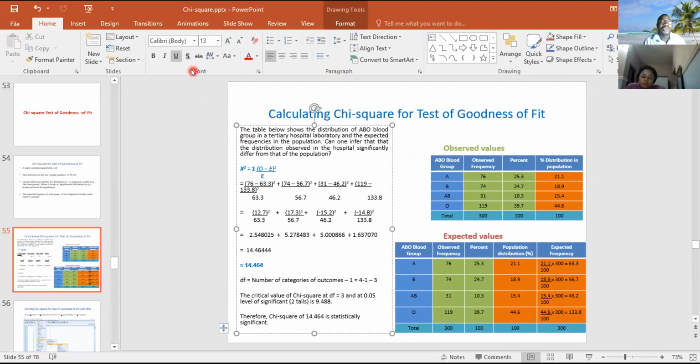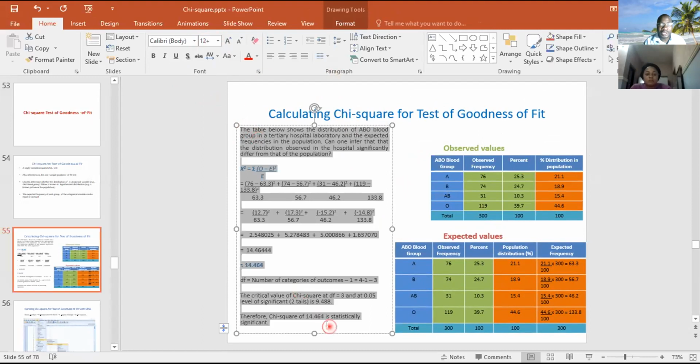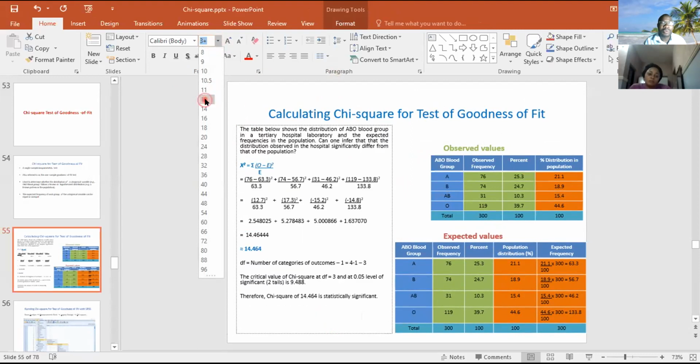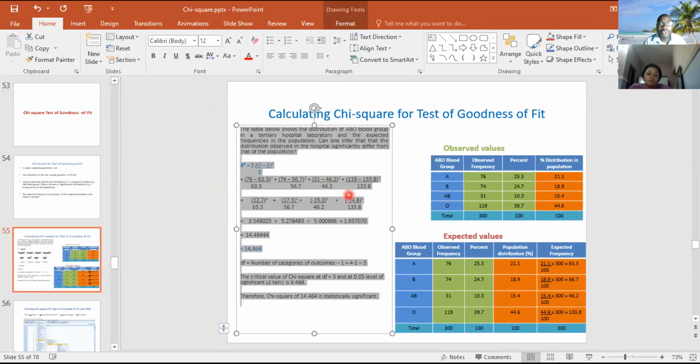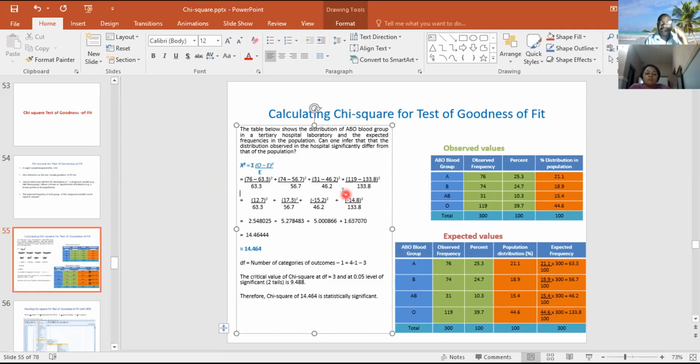One way to do that is to reduce the font size, from 30 to 12. Can you see that? I think it stays now.